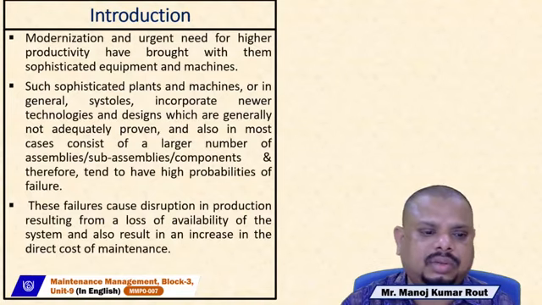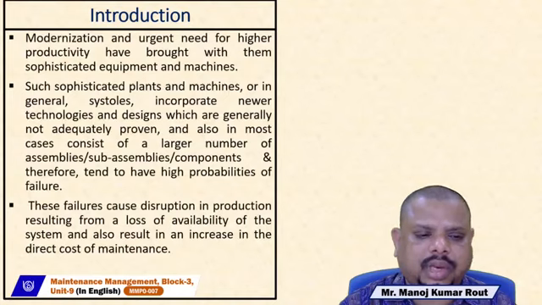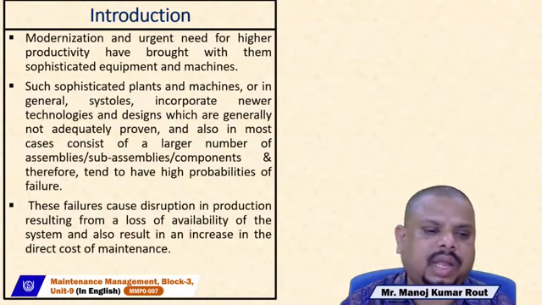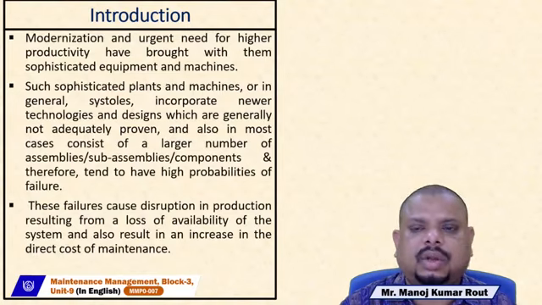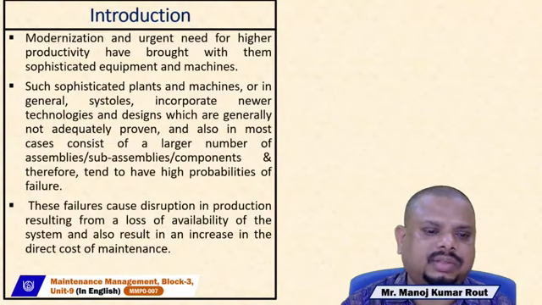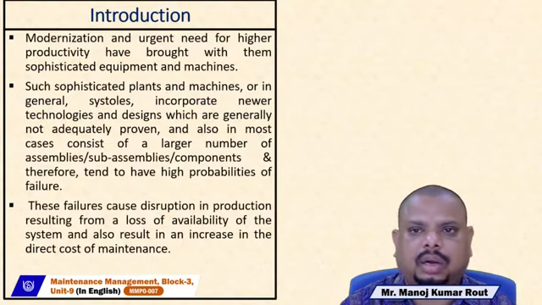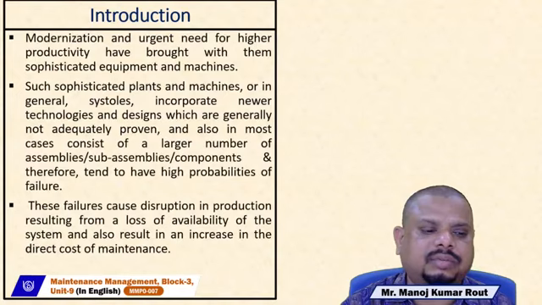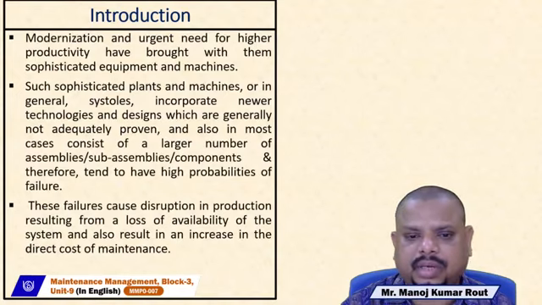So these basically cause a large amount of failures and disruption in production, and the result is loss of availability of the systems, in the form of machines and tools, and also an increase in the direct costs of maintenance.